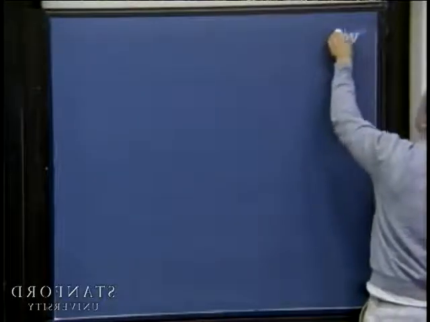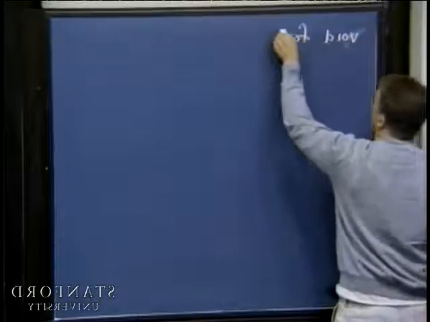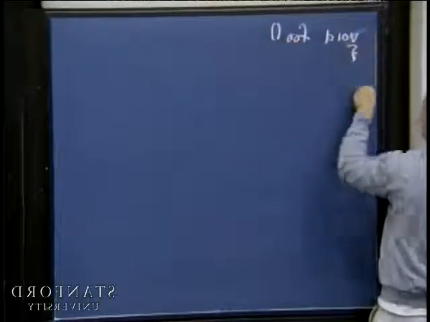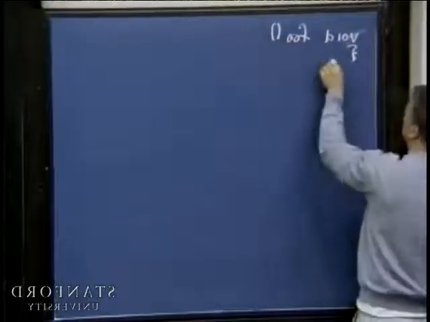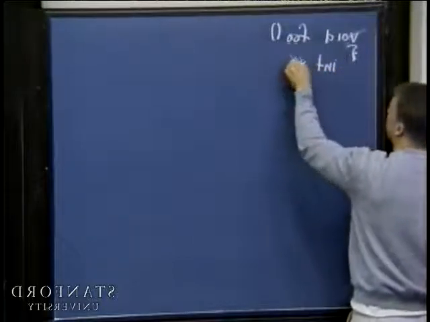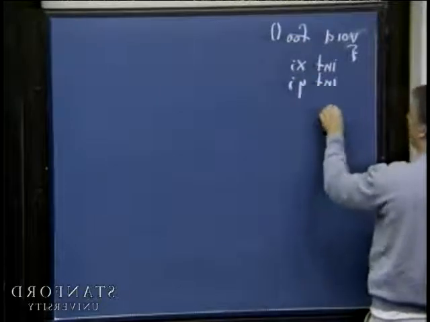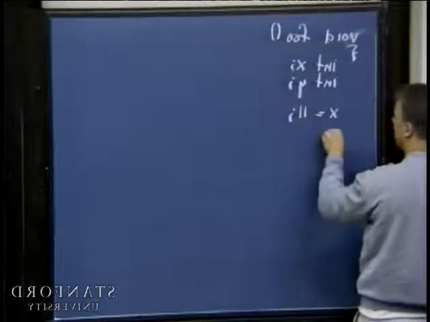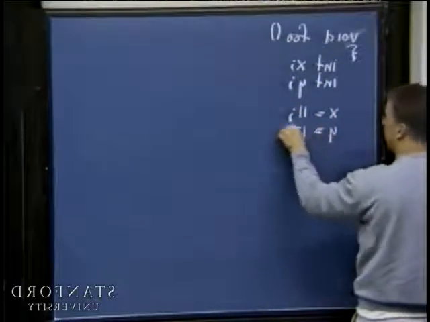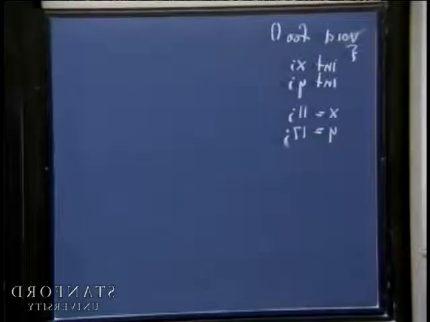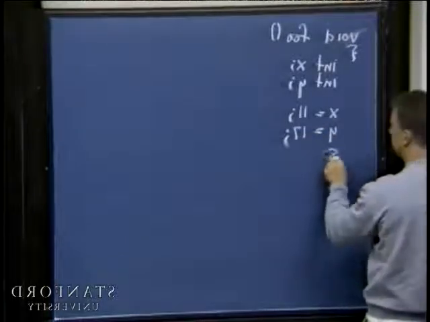A void function. I just want to say foo, and I'll concern myself with the allocation of two local variables. I'll set x equal to 11, I'll set y equal to 17, and then I'm going to call this swap function.